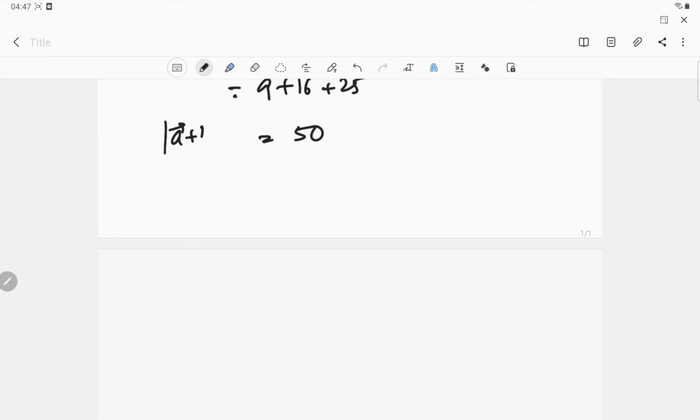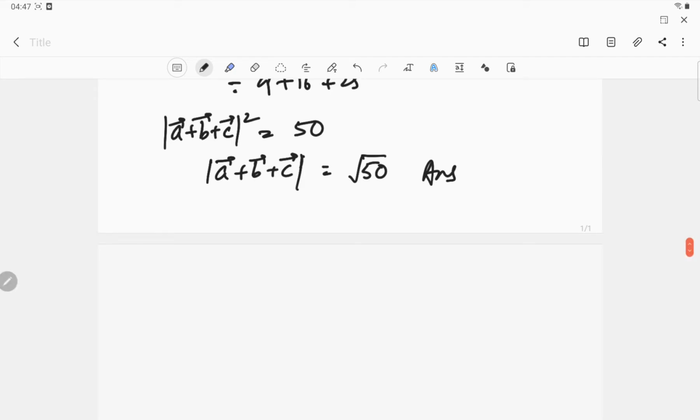We are finding the magnitude square of A plus B plus C, so the magnitude of A vector plus B vector plus C vector is equal to under root of 50. We are only taking the positive sign, the reason being the magnitude of a vector represents the length of the vector, which cannot be negative. So this is our answer to the first question.